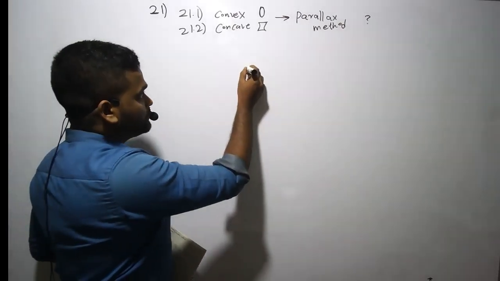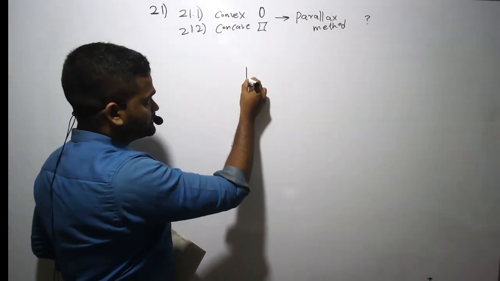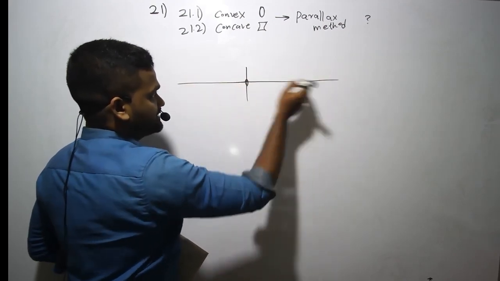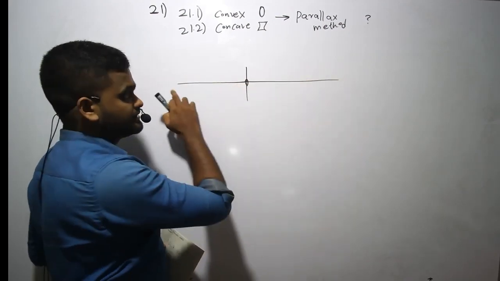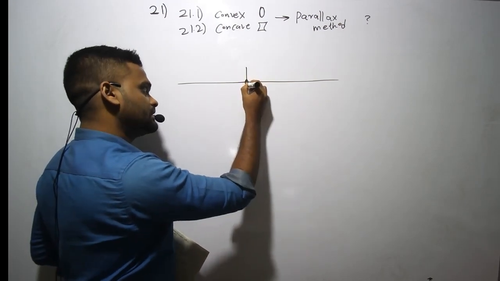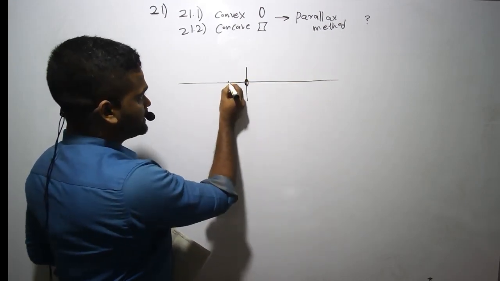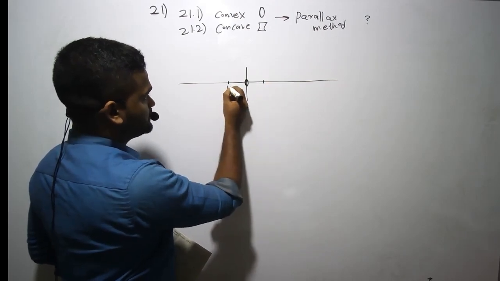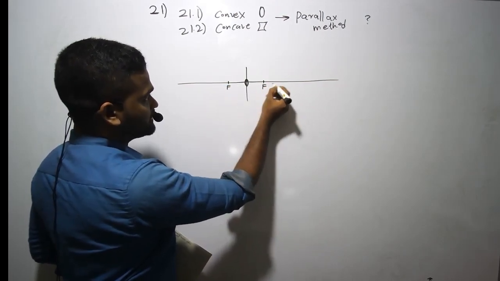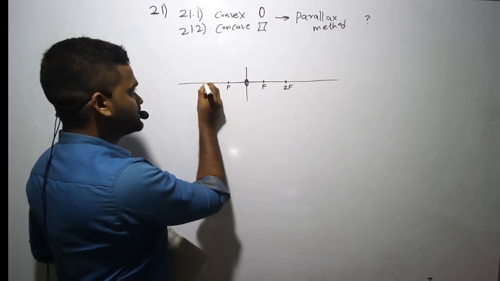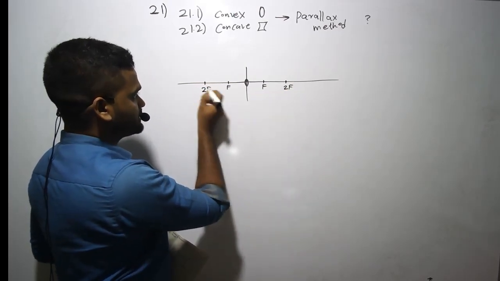So if you get a convex lens, let's say like this, and this is the principal axis, right? This is the principal axis, and then you have the convex lens. Let's say these are the focuses. These are primary focus, and this is 2F, and these are secondary focuses.